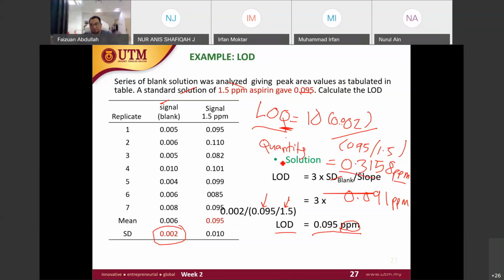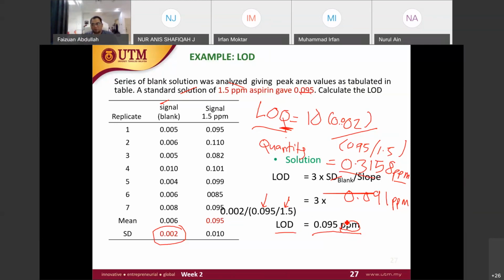This formula is acceptable around the world. But what is the LOD information used for? This is only to know the ability of the instrument itself: what is the lowest concentration that the instrument can detect? Detect, not quantify.